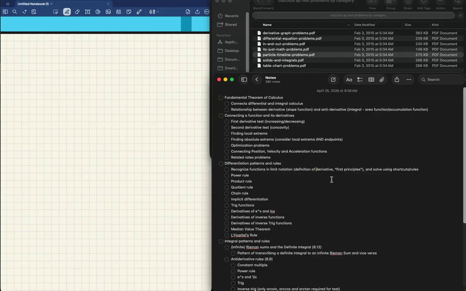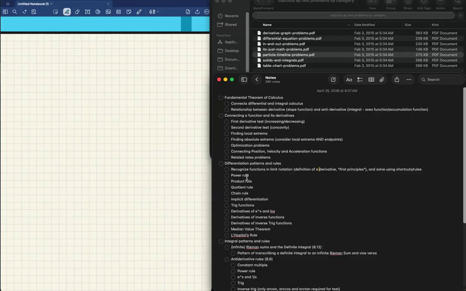So that's an important pattern to be aware of: you don't all of a sudden start trying to solve the actual limit question, but just recognize the pattern, recognize the notation, and find the derivative using the shortcuts and rules that we know.